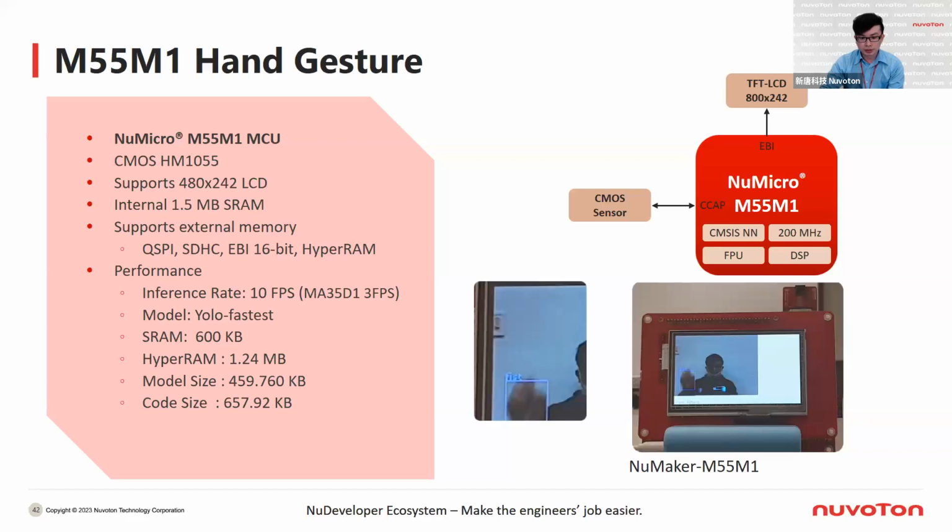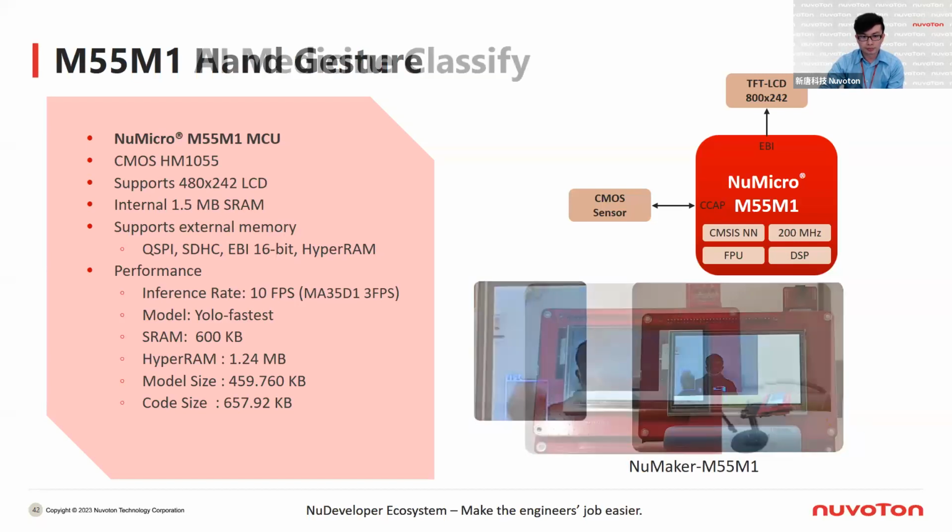The performance can reach up to 10 frames per second. The model is YOLO Fastest, which uses 600 kilobytes of SRAM. Additionally, 1.24 megabytes of HyperRAM is used. The model size is approximately 460 kilobytes, and the code size is around 660 kilobytes.